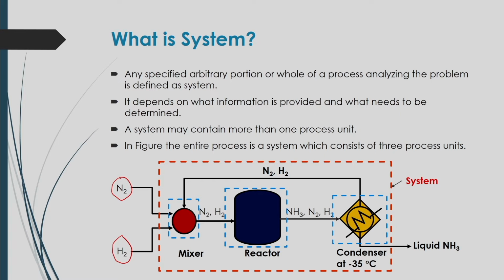So, a system may contain more than one process unit, and in this figure the entire process is a system which consists of three process units. It depends on what information is provided and what needs to be determined.